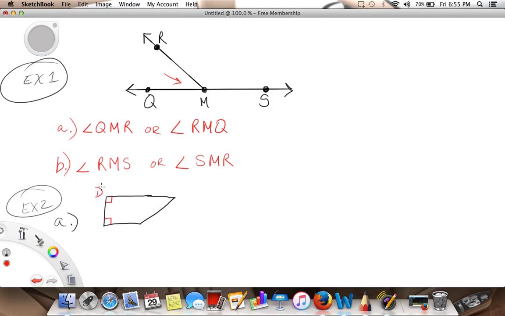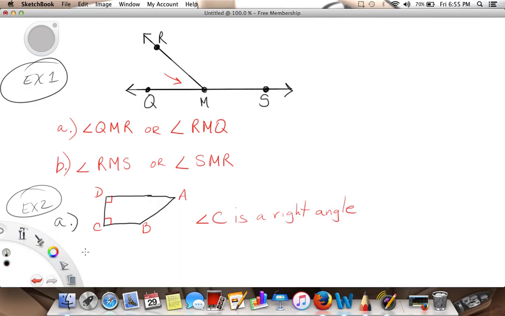And then we have letter D, C, B, and A. So based upon this symbol, angle D is a right angle, but also angle C is a right angle. Okay.